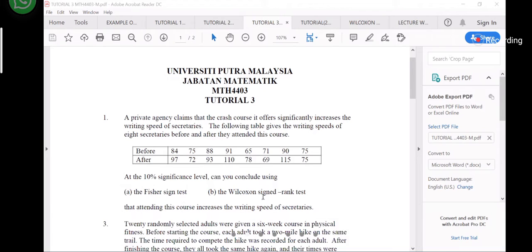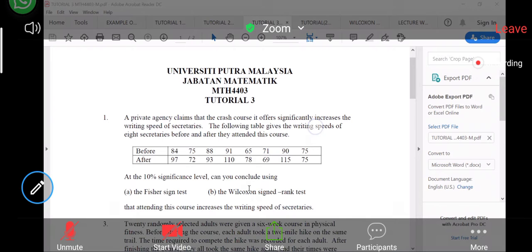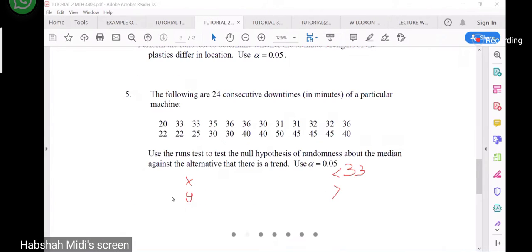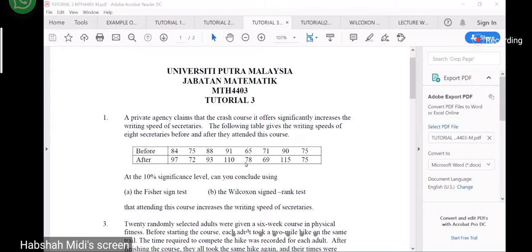Anyway, just to remind you that the Wilcoxon signed rank test or Fisher is used to test the hypothesis for paired replicate data when the samples are dependent samples. Dependent samples are when two observations are taken on the same object, or if not taken on the same object, samples which are already dependent, like husband and wife, or twins.